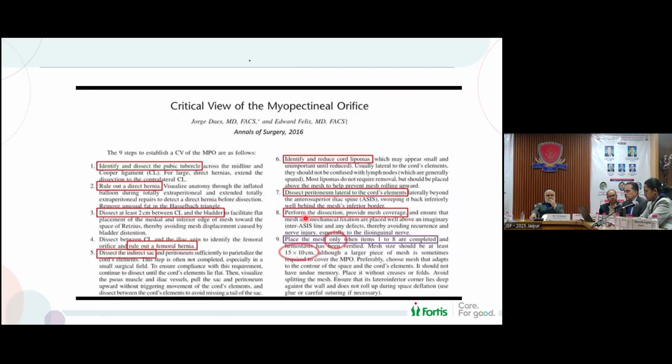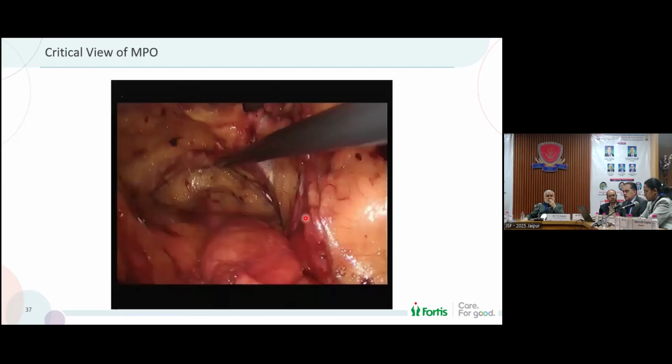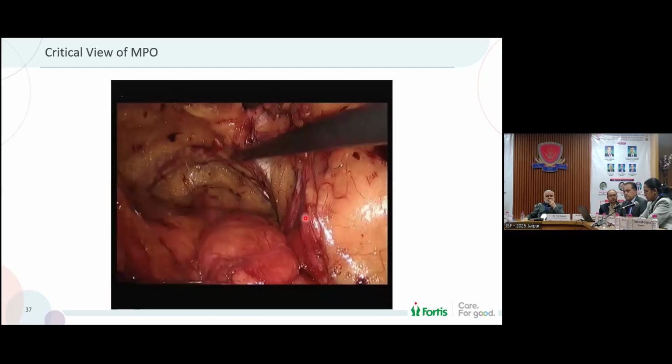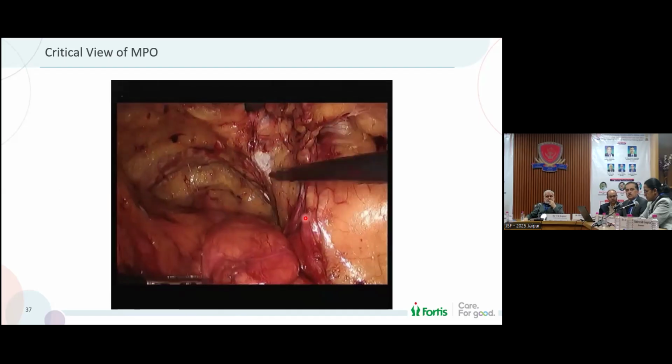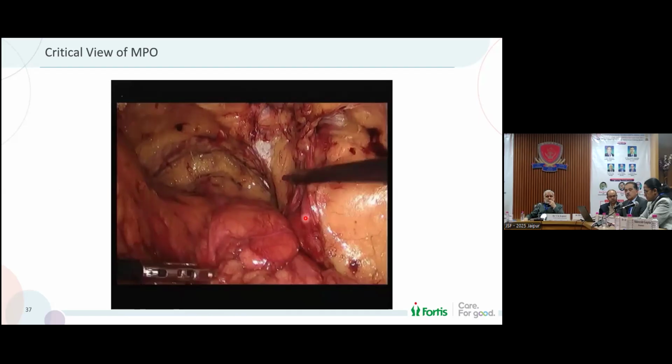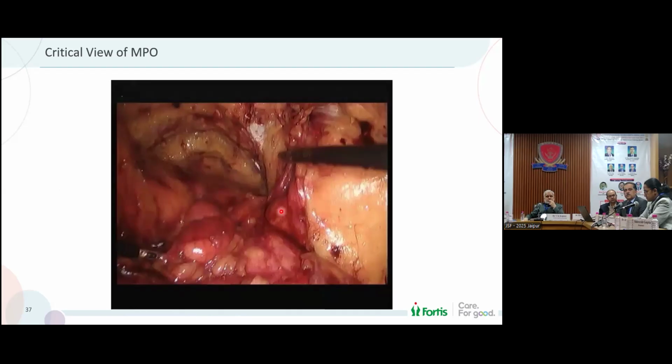Then there is a concept of critical view of myopectineal orifice. We need to dissect the critical view of myopectineal orifice. We need to dissect this area before putting the mesh in the laparoscopic hernia repair.